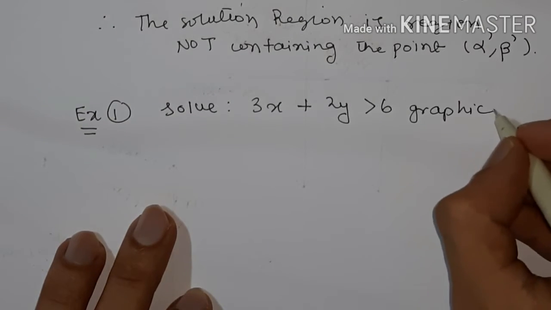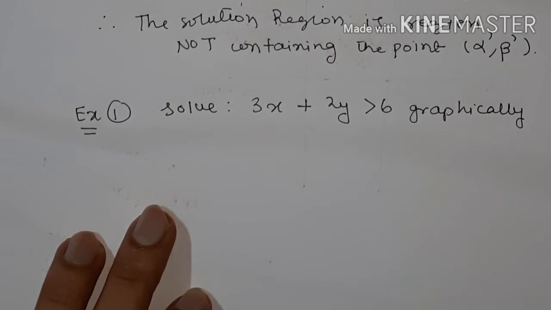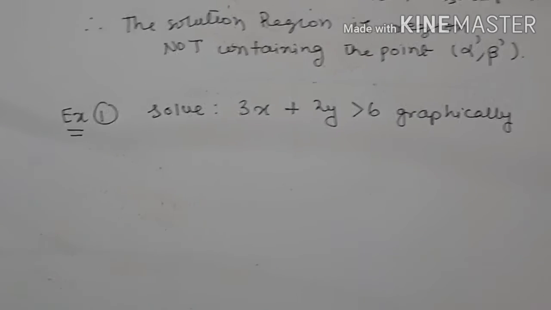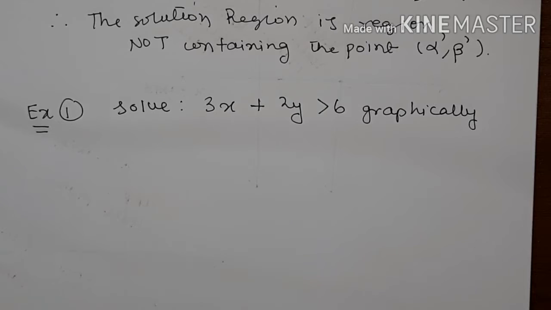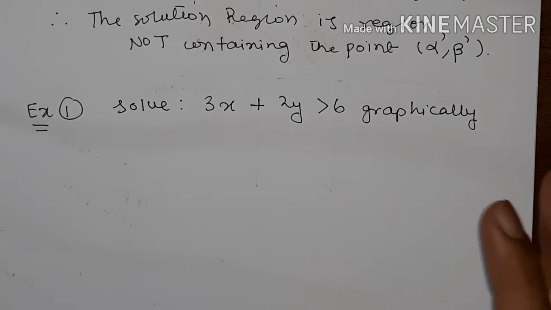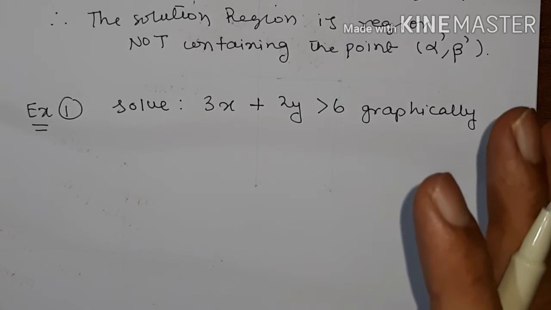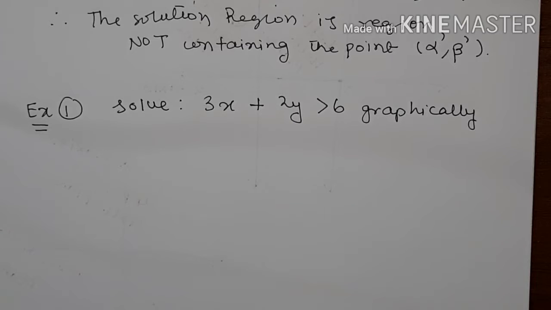Here you actually need a graph paper to solve the problems, but these solved problems I will solve on this paper only. The exercise, that is 6.2, I will solve using the graph paper.